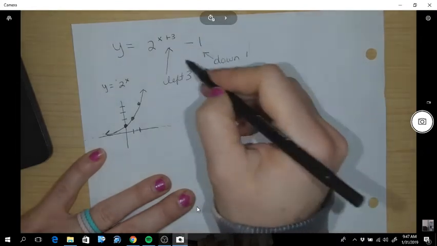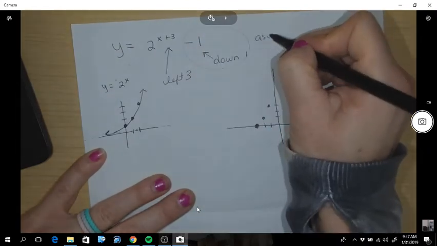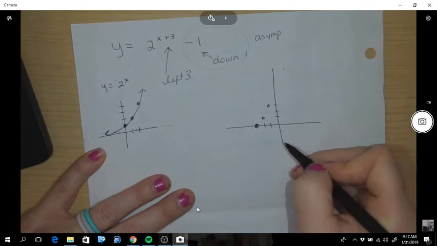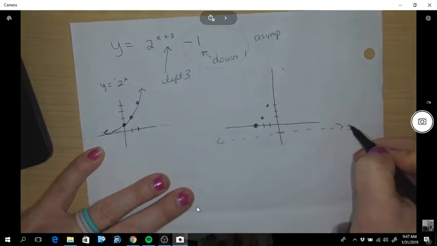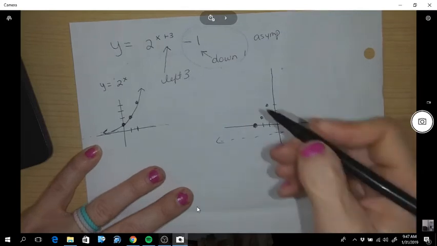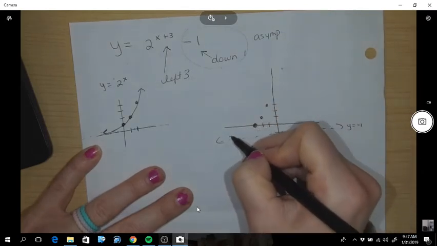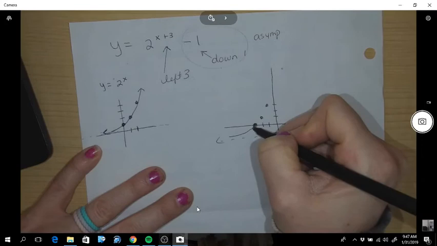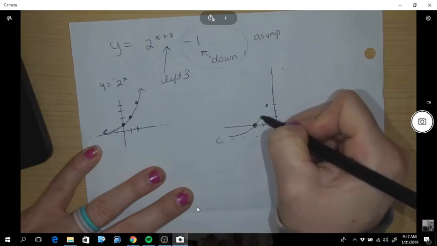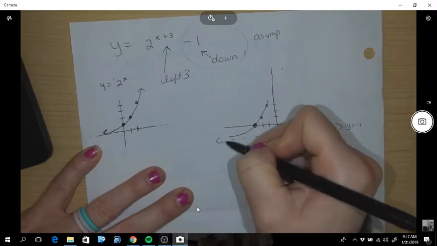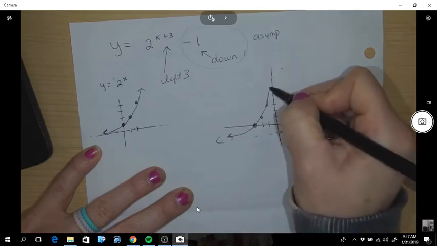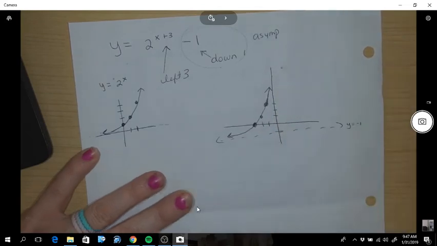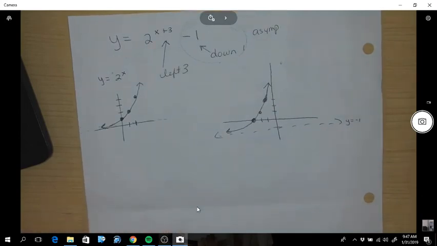So because of that, our asymptote changes. So our asymptote will be at y equals -1. Okay, so that's how transformations happen.